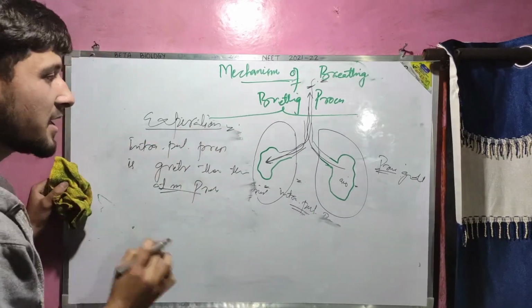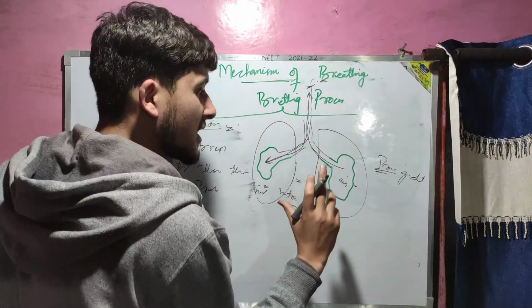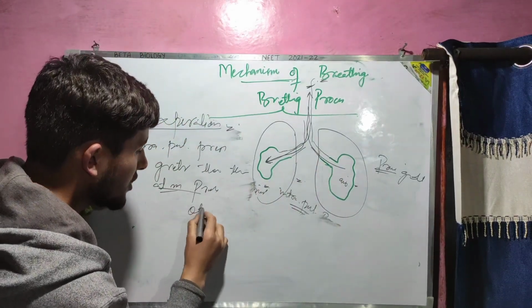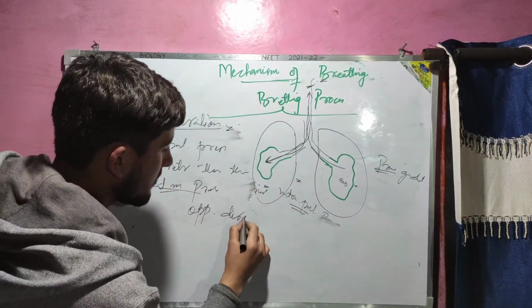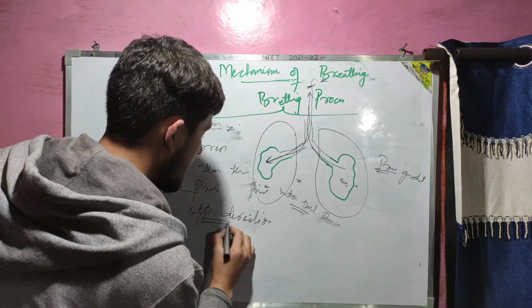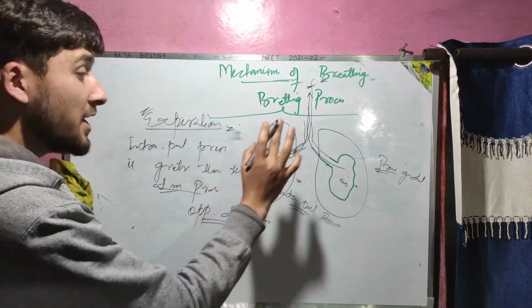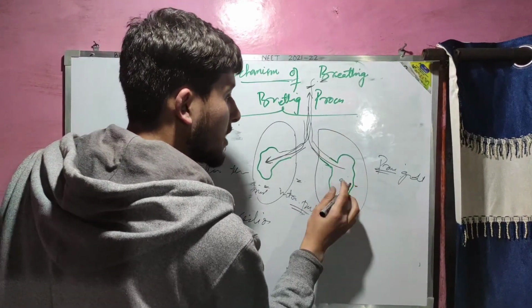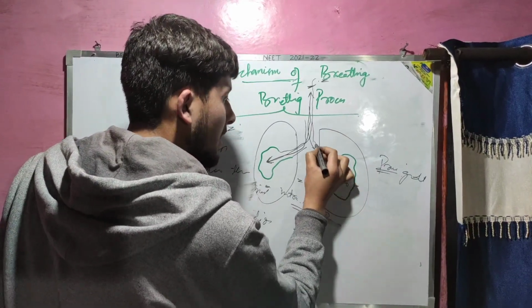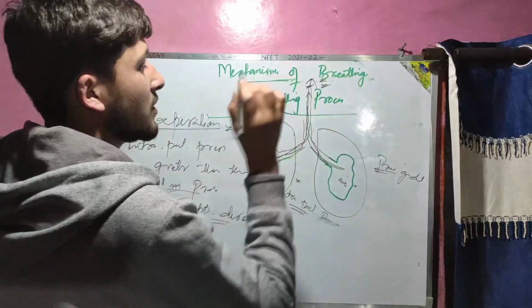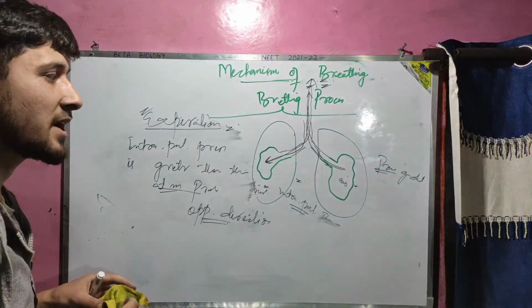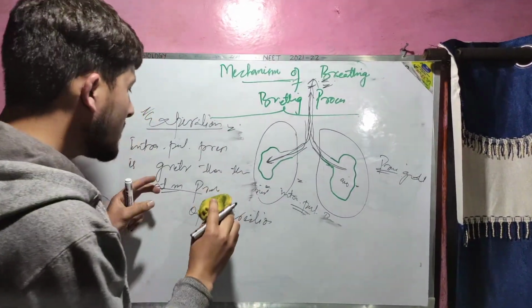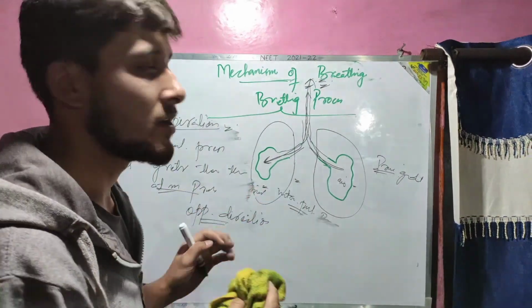That means in expiration, a similar pressure gradient operates in the opposite direction. This pressure gradient will allow the air to move from the alveoli to the outside atmosphere, and this happens in case of expiration. Now we will be discussing how these pressure gradients are created in our body.